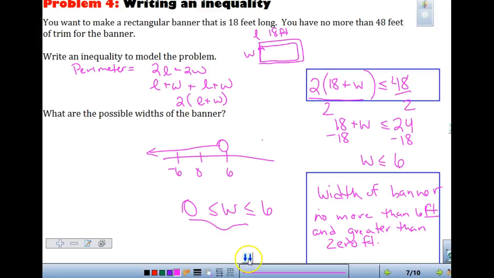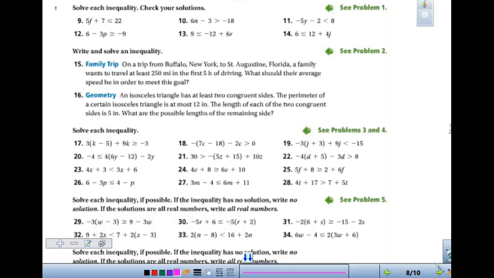Could I also have written it this way? Could I have put W less than or equal to 6 and W greater than 0? And I would want not an equal here, I would just want a greater. You can write it with the word and, or you can write it as one big inequality. Next week we do compound inequalities, which look like this with the and the or, and we get into that next week.